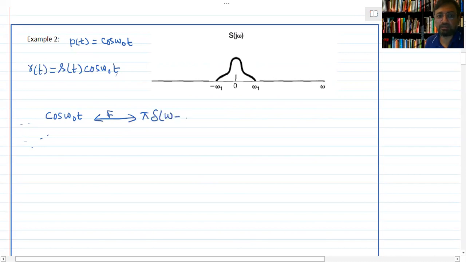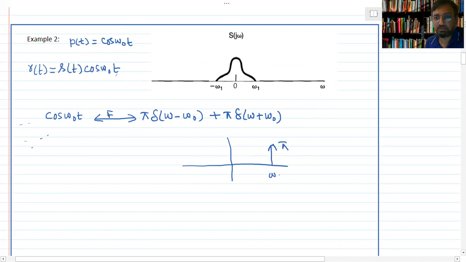One impulse is located at ω0 and another impulse is located at minus ω0. And this is how the transform of cos ω0t looks like. We have one impulse at ω0 and we have another impulse at minus ω0. And the areas of both the impulses are π. So this is our P(jω).